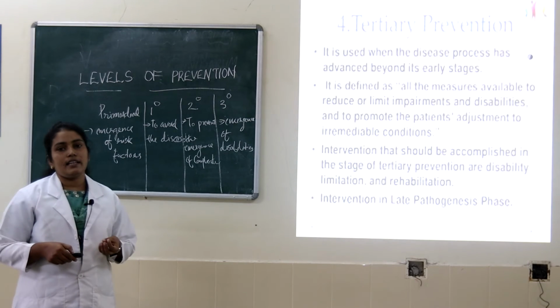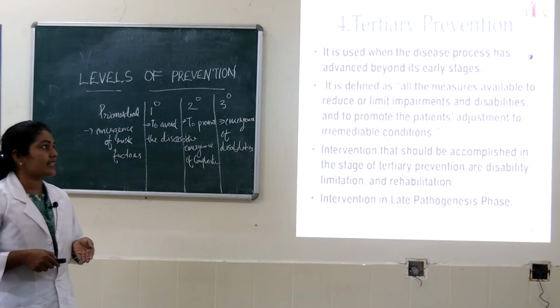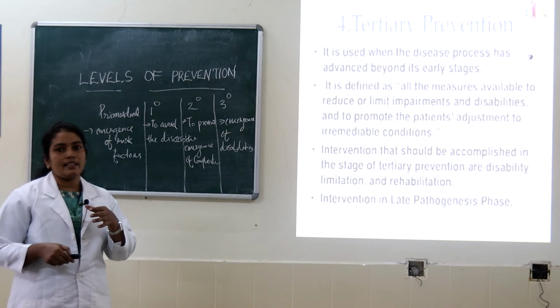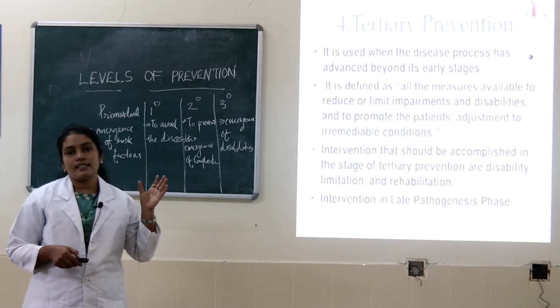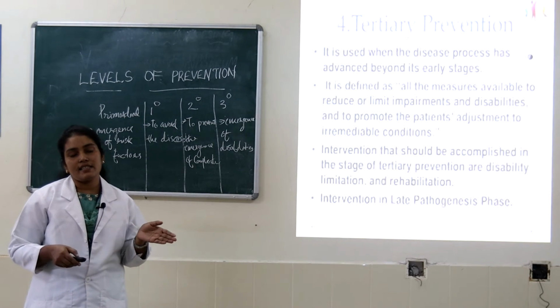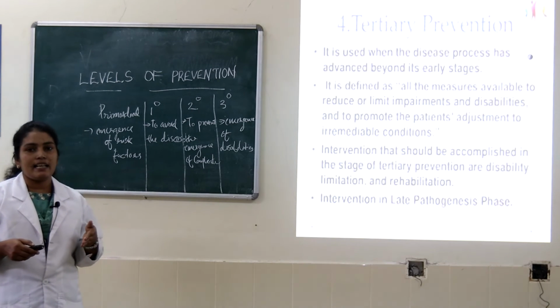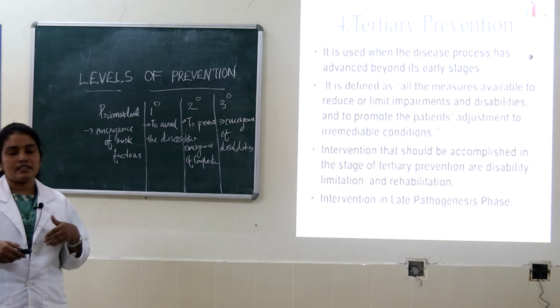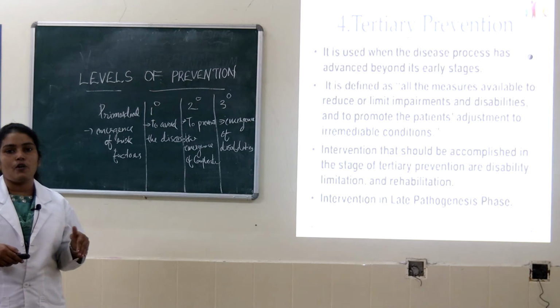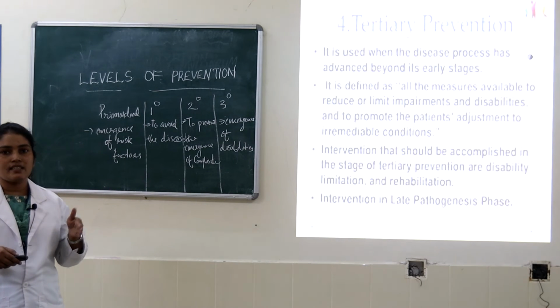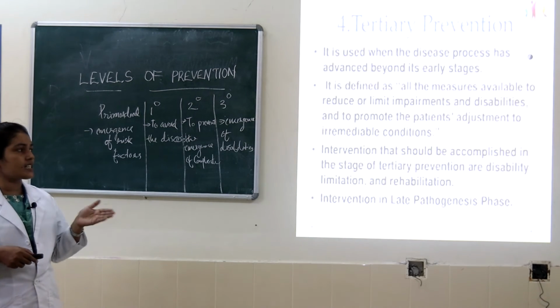Then the fourth level is tertiary prevention. In tertiary prevention, if the person has not followed the secondary prevention activities, the person is led to disabilities. That is, if the patient has a stroke, and the person did not follow the primary and secondary activities, the person will turn into the tertiary level.